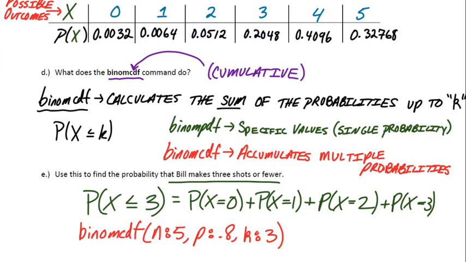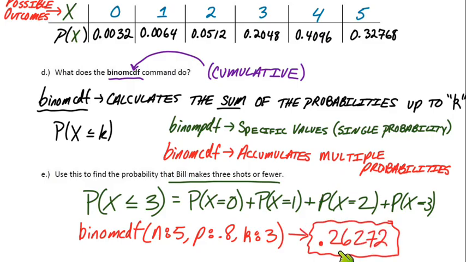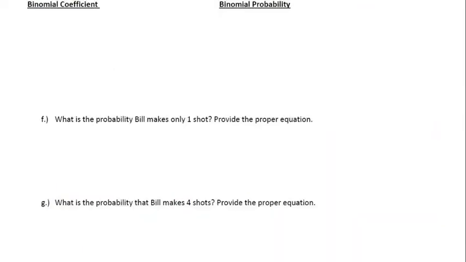So definitely more efficient here to use binomial cdf, and it adds up automatically all those probabilities up to and including 3 and gives us 0.26272 as our answer.